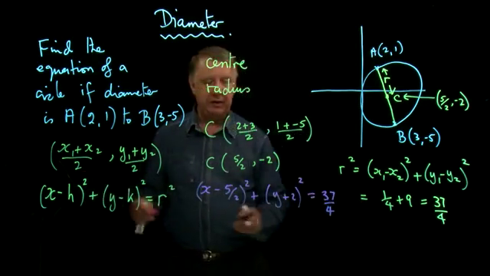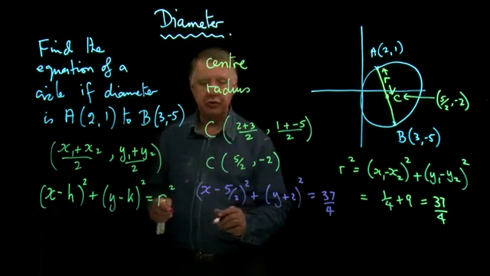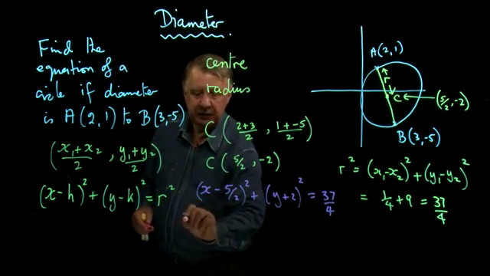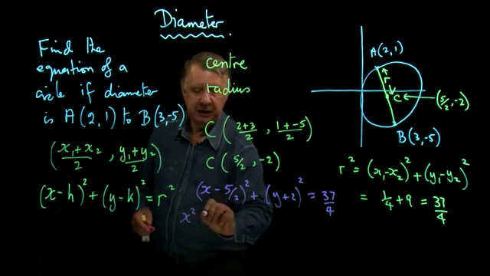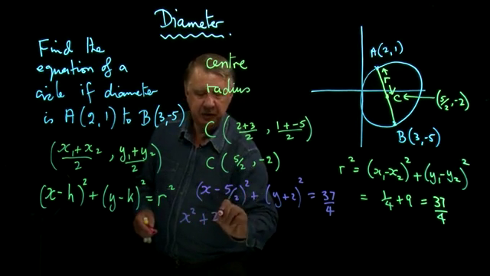So let's expand that out and then get rid of the fractions. So x squared plus square that is 25 over 4.